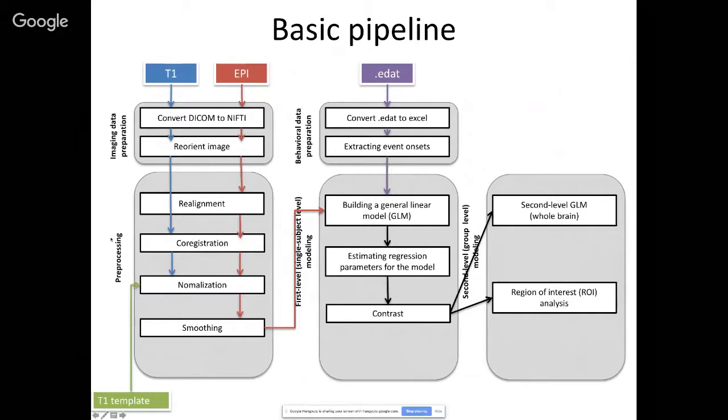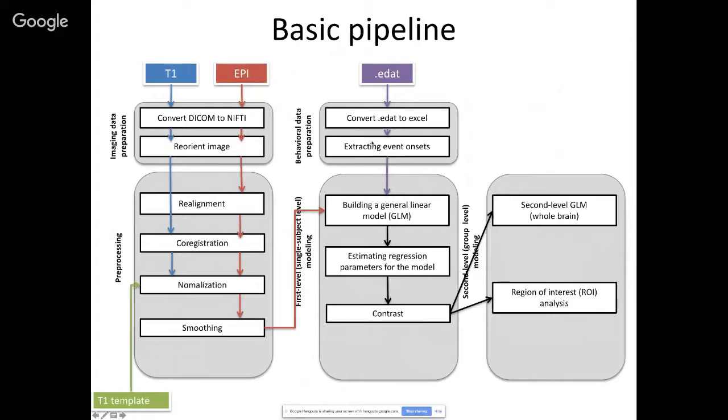And then both of them go to normalization, normalized based on another standard template, which is the third kind of image, called template. After that, the normalized EPI image will go to the smoothing step. And the smoothed data will go to the first level modeling with the processed behavioral data.